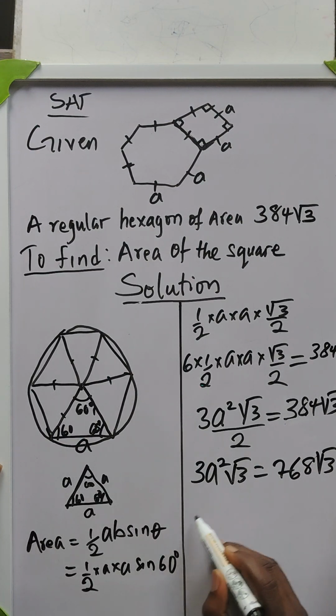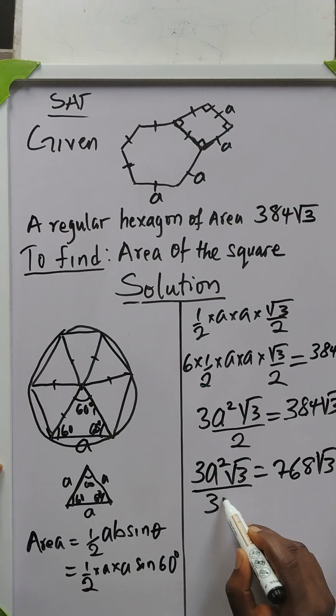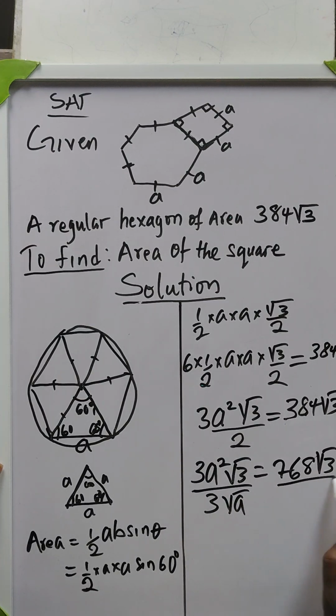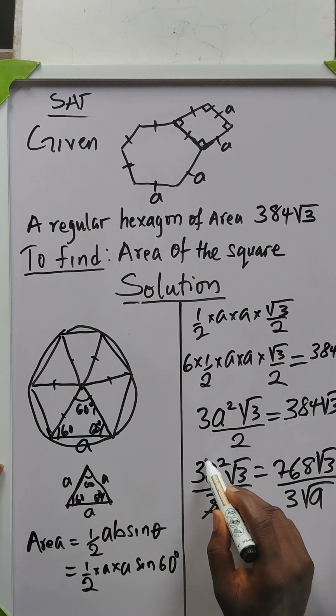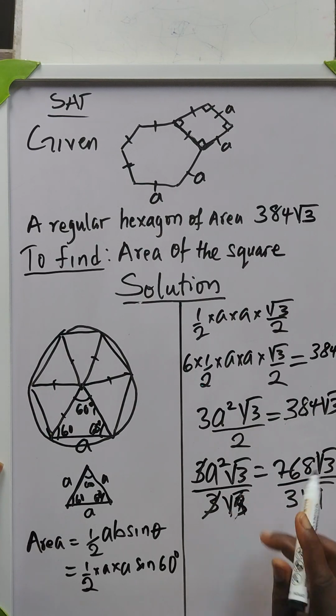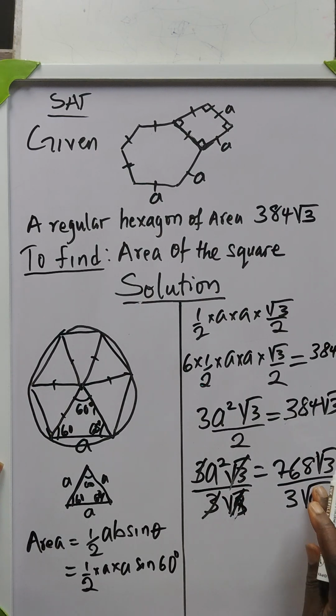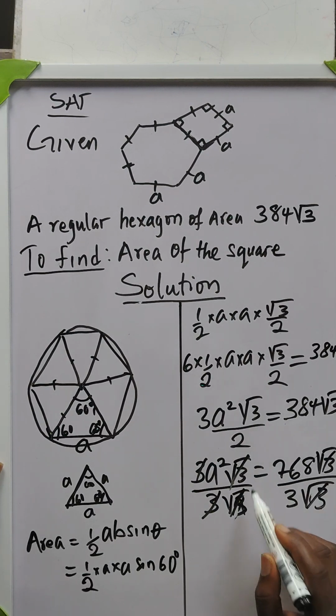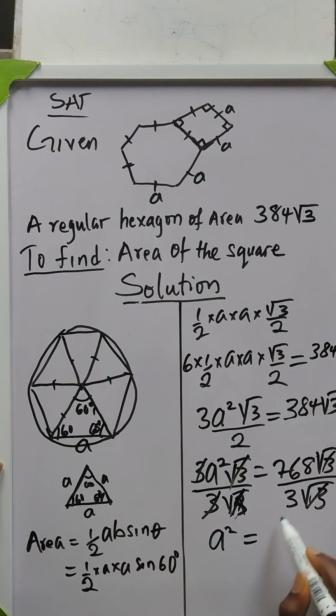Now divide both sides by 3 root 3. This will cancel this, this is root 3, sorry. This will cancel this, this is root 3. This will cancel this, and 3 into this. You have that A squared is equal to 256.